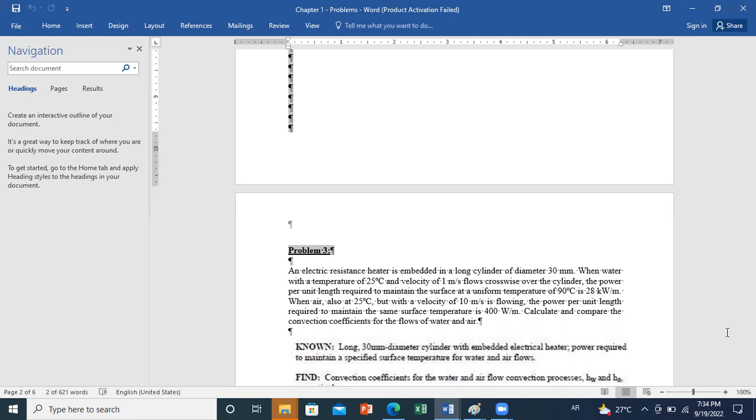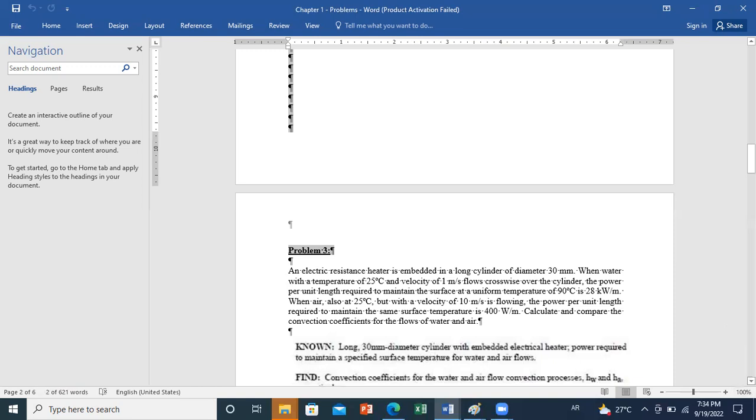Now, when air, also at a temperature of 25 degrees but with a velocity of 10 meters per second, is flowing over the system, the power per unit length required to maintain the same surface temperature is 400 watt per meter. The question is to calculate and compare the convection coefficients for the flows of water and air.